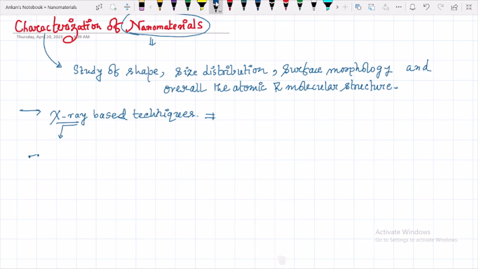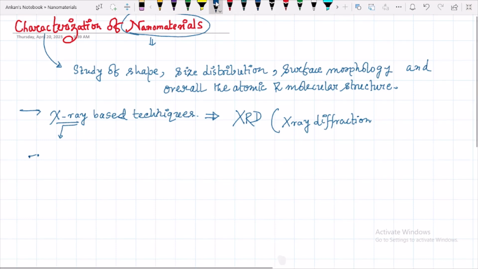What does this involve? It involves XRD. What is the meaning of XRD? X-ray diffraction. I am going to detail it, but let us first give the introduction. Next is XPS. What is XPS?